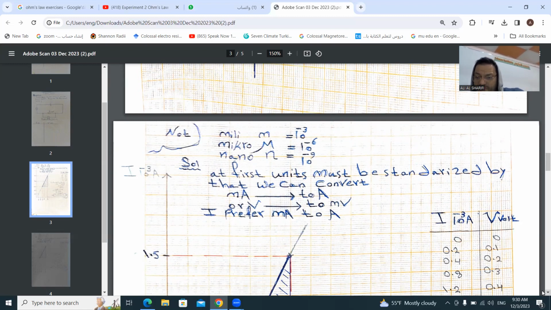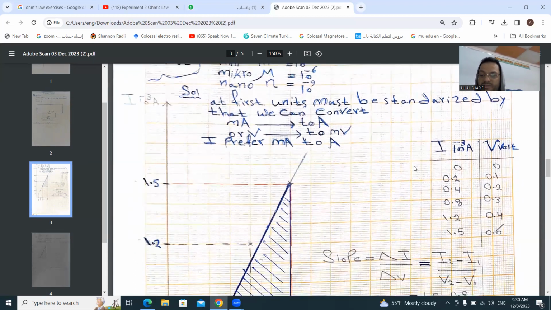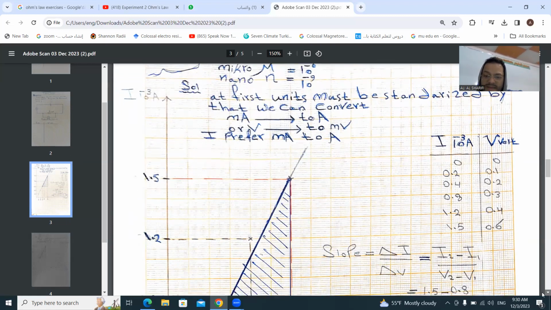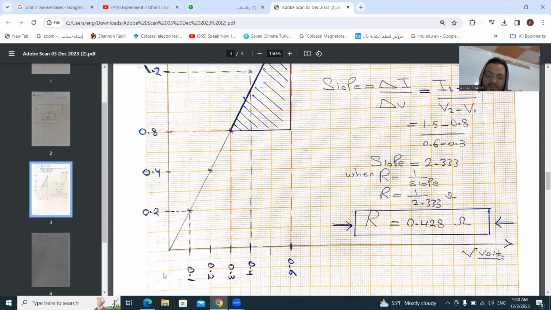The main note here is that all of these units must be standardized, okay, to avoid any mistake. And after that, as we know, current will be on the y-axis, volt will be on the x-axis. And start to plot all of these.